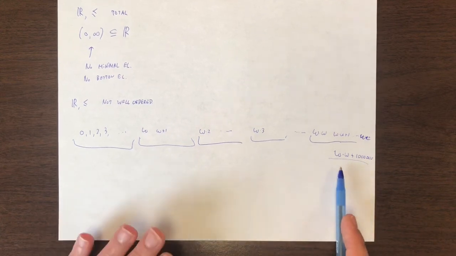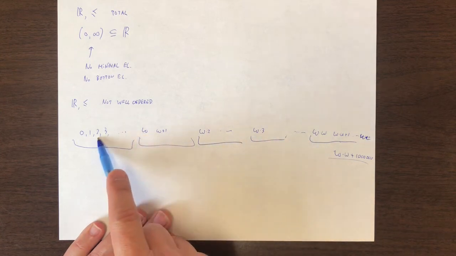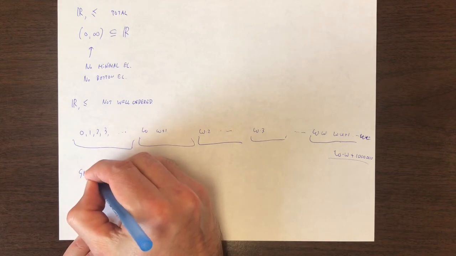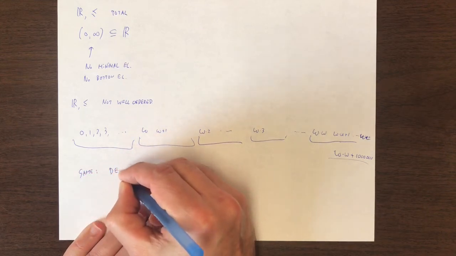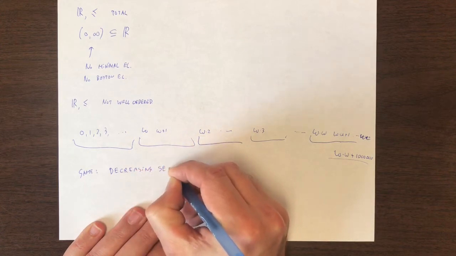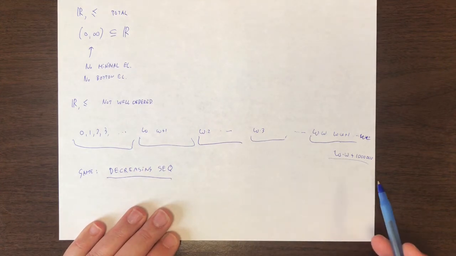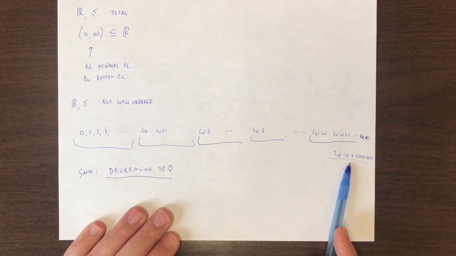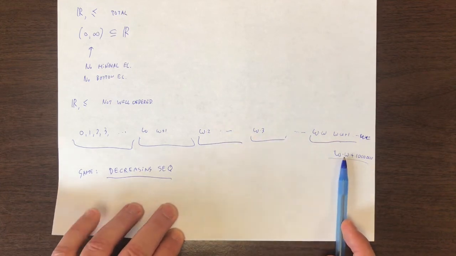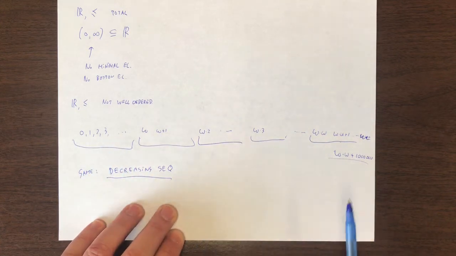Keep in mind, below this ordinal there are infinitely many ordinals. So the game is now give a decreasing sequence, but try to make that sequence really, really long. You would think that since there are infinitely many ordinals below this one, I could just keep going down without ever hitting 0. But actually, you can't.